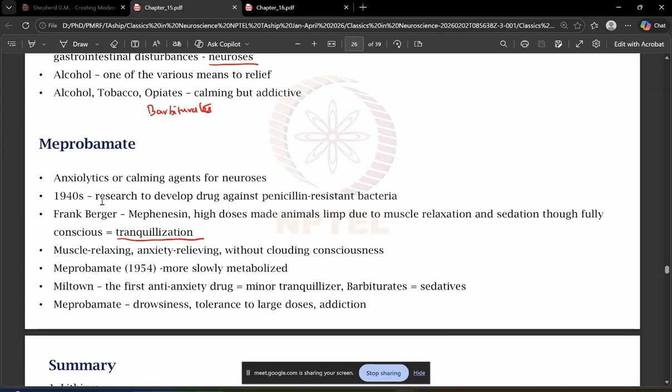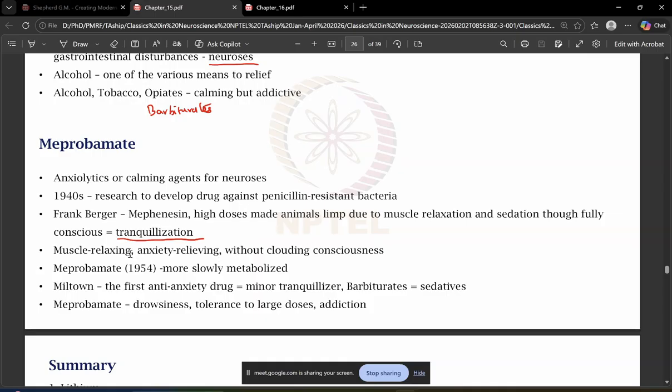Again, people were actually trying to look for something else, and they chanced upon something else. In this case, it was meprobamate. In the 1940s, when people were trying to develop drugs against penicillin resistant bacteria, during research for that, Frank Berger synthesized mephenesin, and he saw that mephenesin, when injected in high doses, made animals limp.